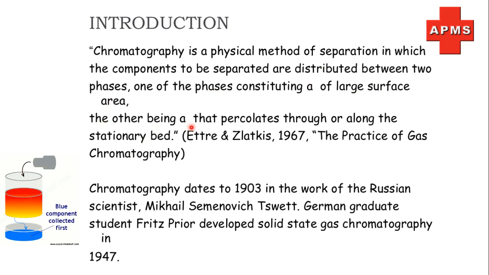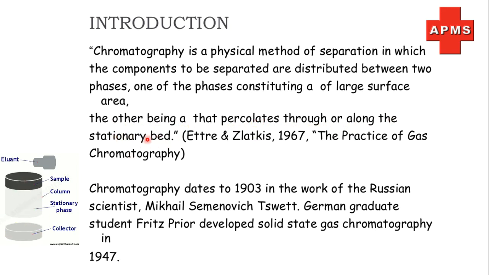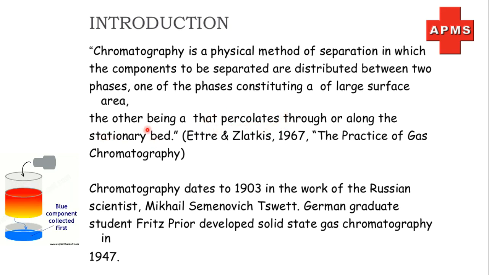and the other one percolates through or along the stationary bed. This is the stationary bed or stationary phase, in which the mobile phase percolates. Percolates means goes through the pores of the stationary phase.